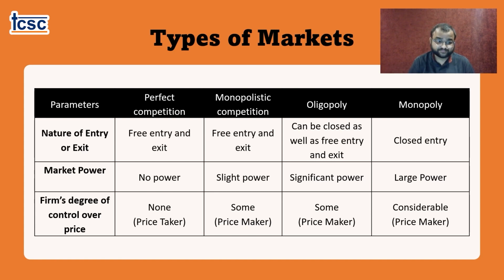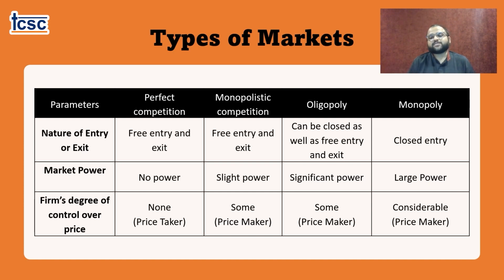Thus, because of the sources and the types, we do not have open entry here. With respect to market power, monopoly enjoys complete market power. Oligopoly enjoys significant market power. Monopolistic competition enjoys slight market power. Well, in perfect competition, there is no market power as the buyers and sellers are in such large numbers that no single entity can actually influence the market.